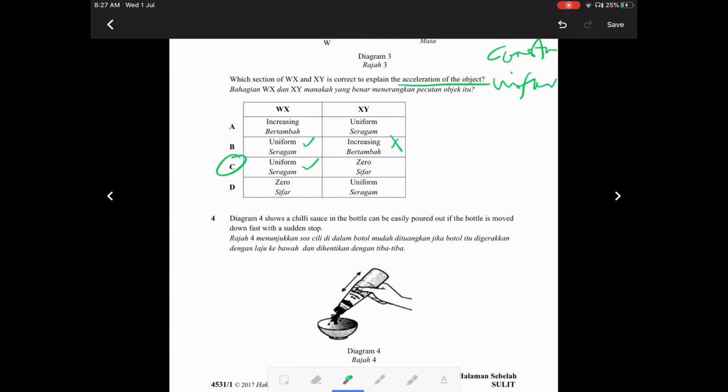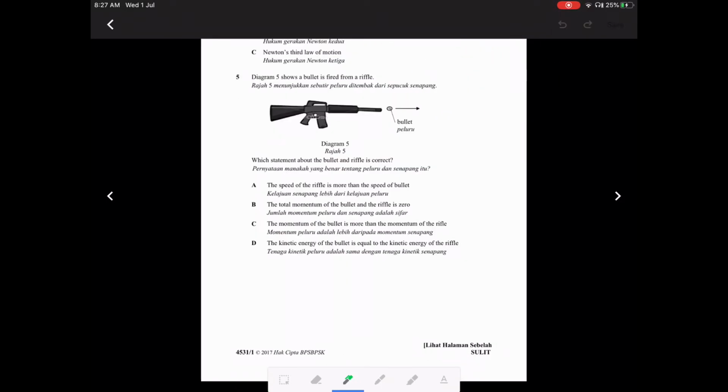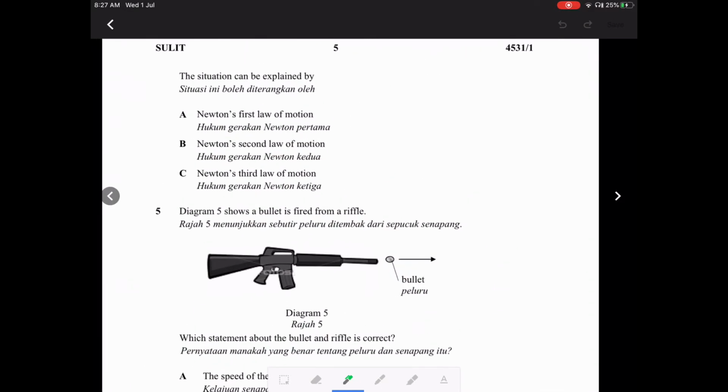Okay, diagram 4 shows a chili sauce in the bottle can be easily put out of the bottle. It moves down with a sudden stop. Okay, so what is the question? Okay, this question can be explained by A, Newton first law, B, Newton second law, C, Newton third law.